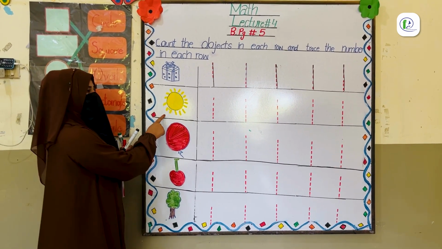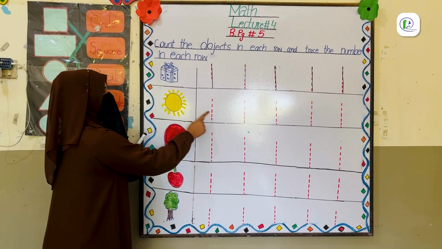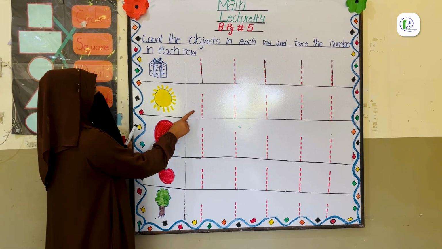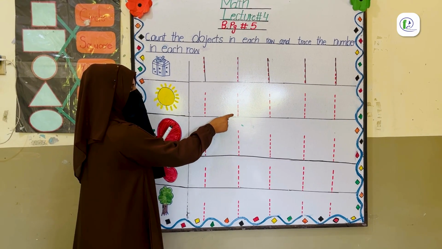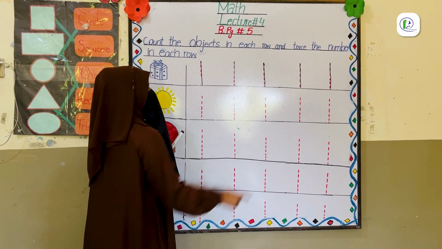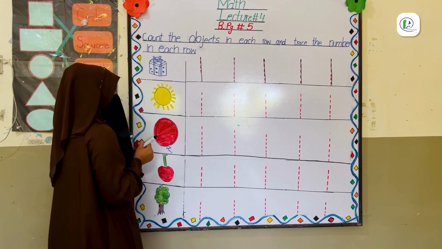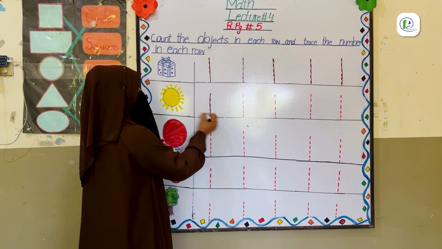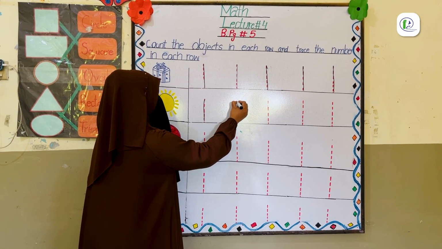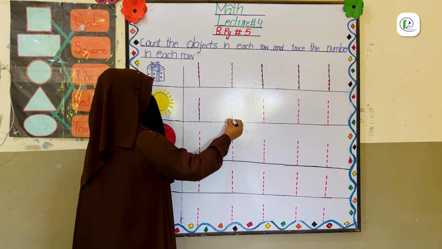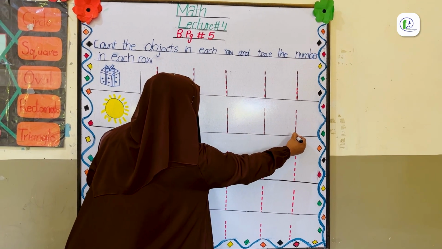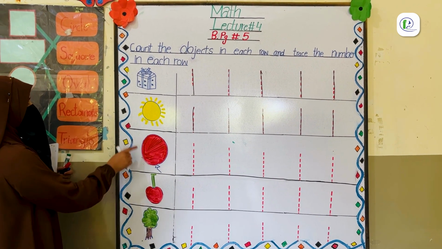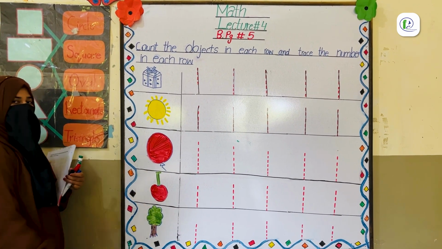Okay, if it is 1, then we will trace the number 1. Trace like that. It's done, students. Okay, move towards the next box.